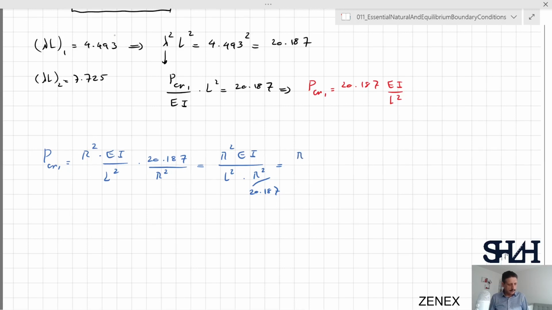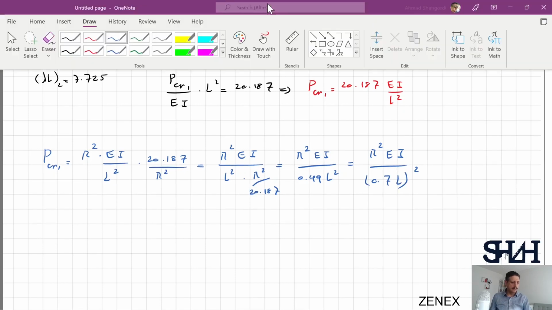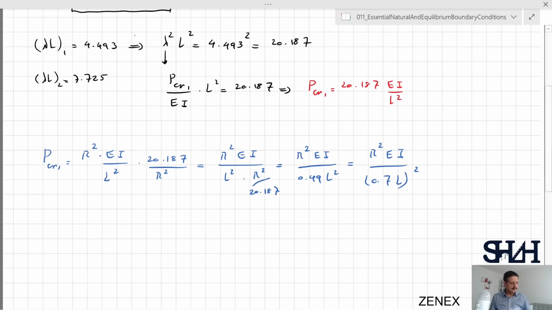So it will be pi squared EI over 0.49 L squared, or I can write it down as pi squared EI divided by (0.7 L) squared. And you can see that we got the same answer. L effective, or critical length for the buckling, is 0.7 L. The same value as in the Euler calculation.